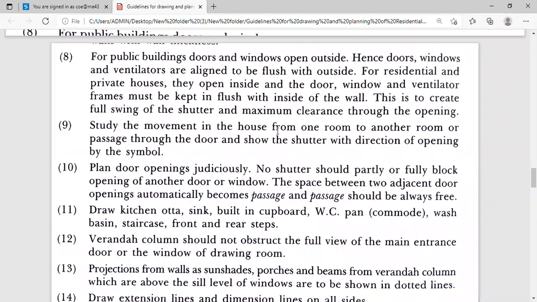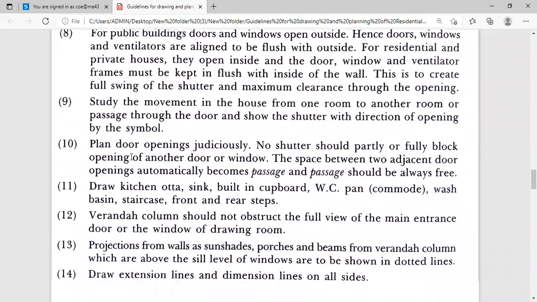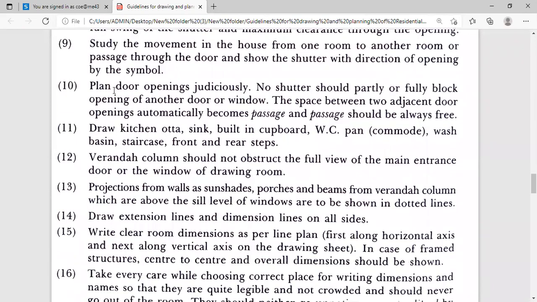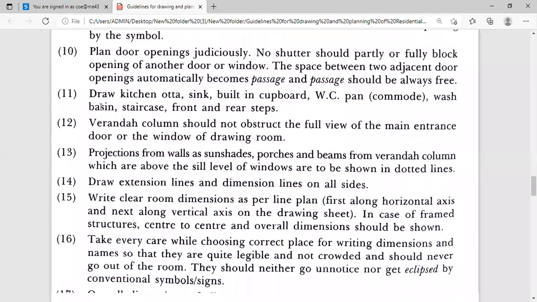According to that we have to go for that. Then plan door opening, already we have covered that point number 10.